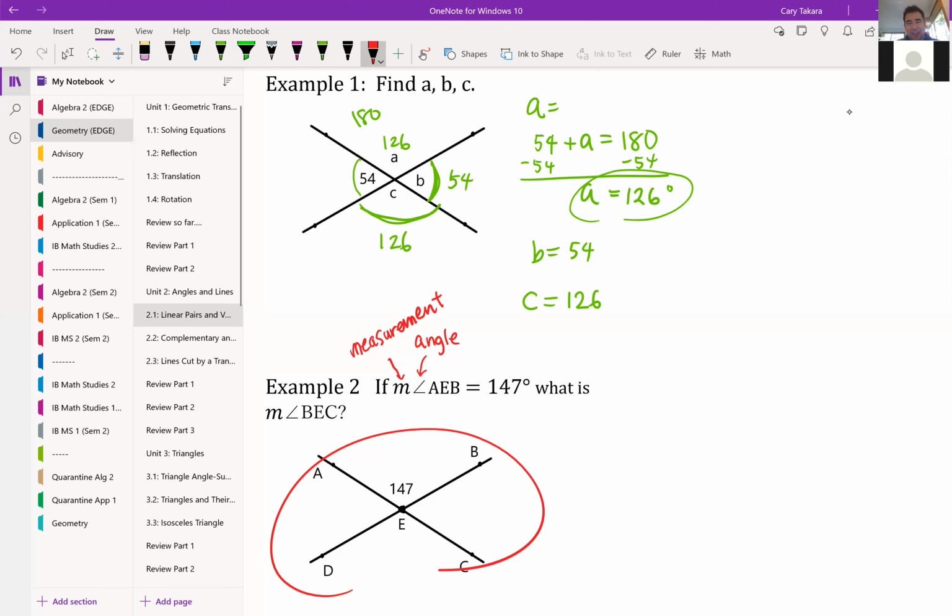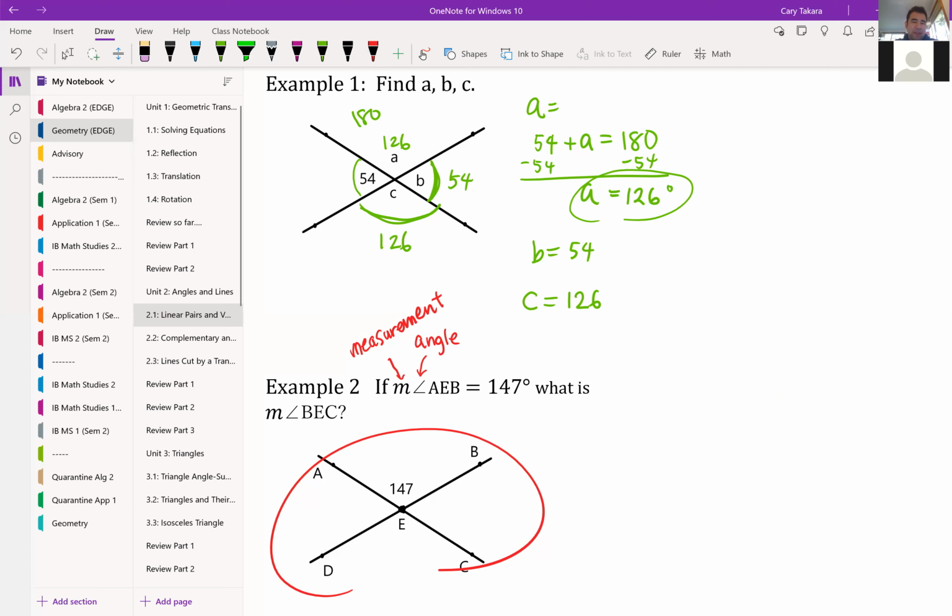Or you can just simply say angle AEB is 147, okay? You don't have to say measurement. Sometimes some lazy teacher like me, sometimes I forget to write M, okay? I will just simply say angle AEB equals 147. It's the same thing. A good teacher will write M in front of it, but M is measurement, okay?